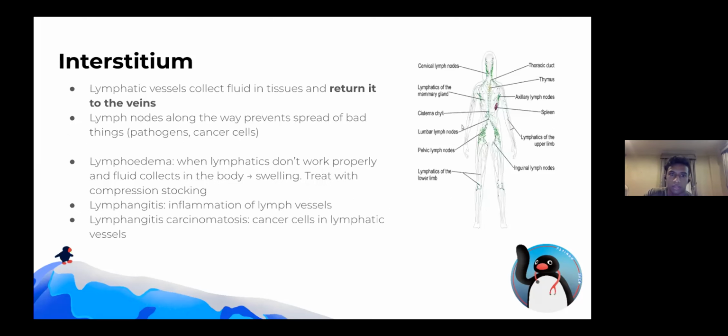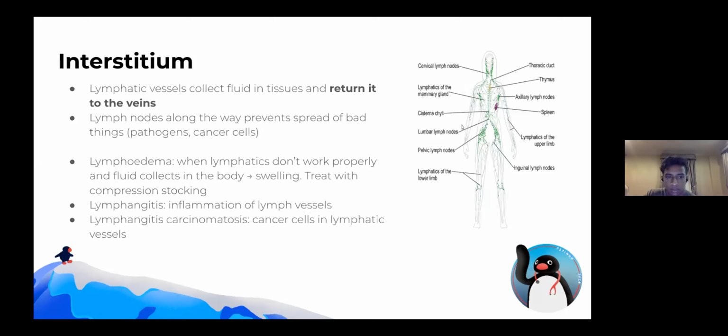So interstitium is the main point of your lymphatic system. The lymphatic system collects your fluid in tissues and returns it back to the vein. Your lymph system has various functions: to collect fluid, and to have lymph nodes throughout the body to prevent the spread of bad things like pathogens.